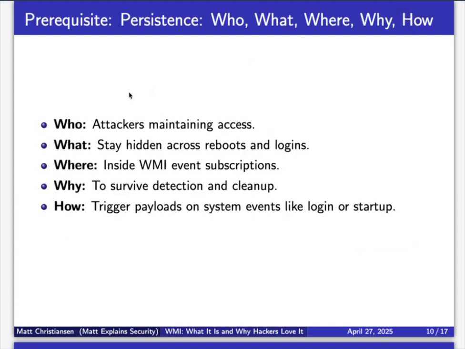So now we're just going to go over persistence, a very small introduction. I'll do a separate video on this later, but we need to know kind of the who, what, where, why, how of persistence. So it's pretty much attackers maintaining access, staying hidden inside, especially in the WMI, inside the event subscriptions, because they want to be there long term to trigger payloads and to get access to data maliciously.